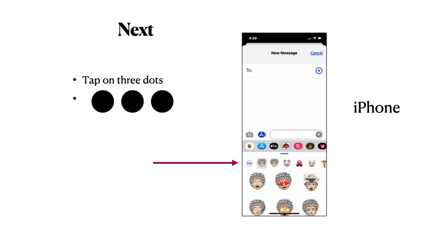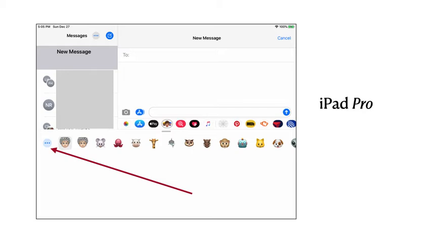So once you do that, you will notice there are 3 dots, those infamous 3 dots that mean more options. And they're over to the left-hand side. You can see that I have an arrow pointing to it. Once again, you're looking at a screenshot of an iPhone.